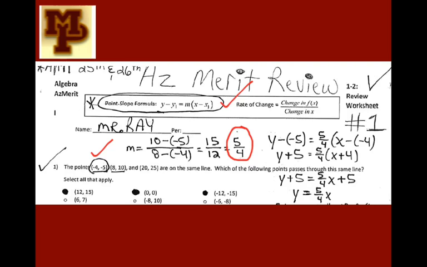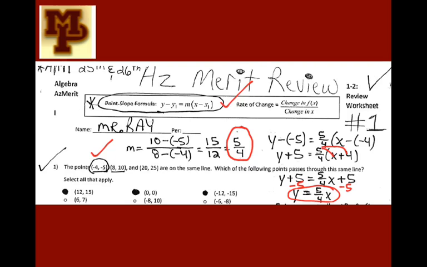So you can see I've got the x plus 4, and then I distributed the 5/4, so then you get 5/4 x plus 5, and then you can subtract the 5 on each side. When you do that, that's where you get y equals 5/4 x.